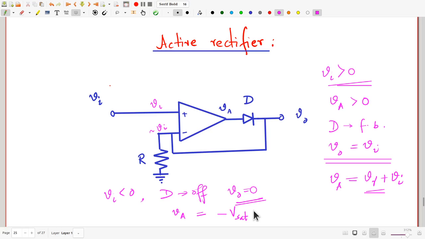Now, this would have been all if we really had an ideal op-amp. But even op-amps, no matter how close they are to their ideal counterparts, are not really ideal. They have their own limitations. One very important limitation of the op-amp, which we have not talked about so far, is something called the slew rate. This is the maximum rate at which the output of an op-amp can change.